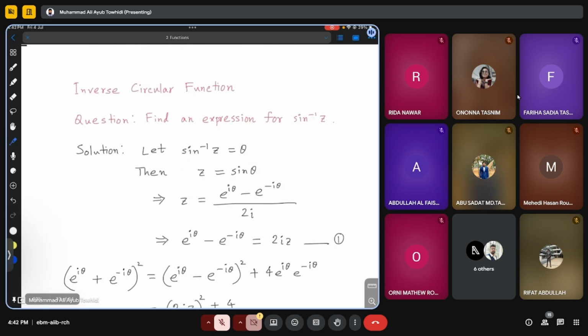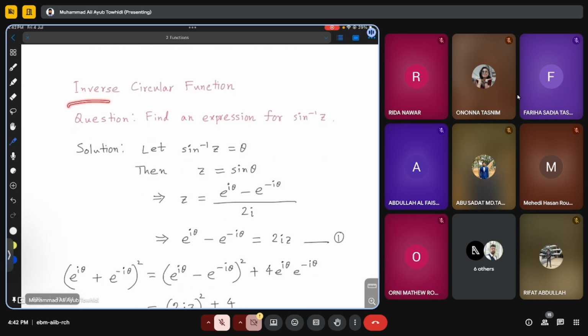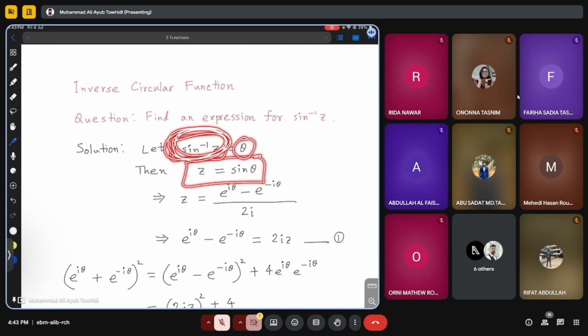We have another type of function called inverse circular function. What is circular function? Sine, cos, tan, these are circular functions. So what is inverse circular? If sine theta equals z, then theta is called sine inverse z. Sine inverse of something. This is the definition of inverse circular function.